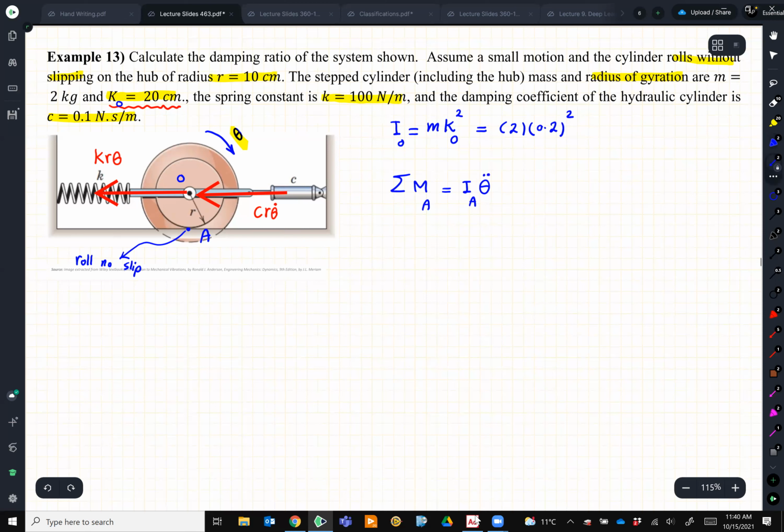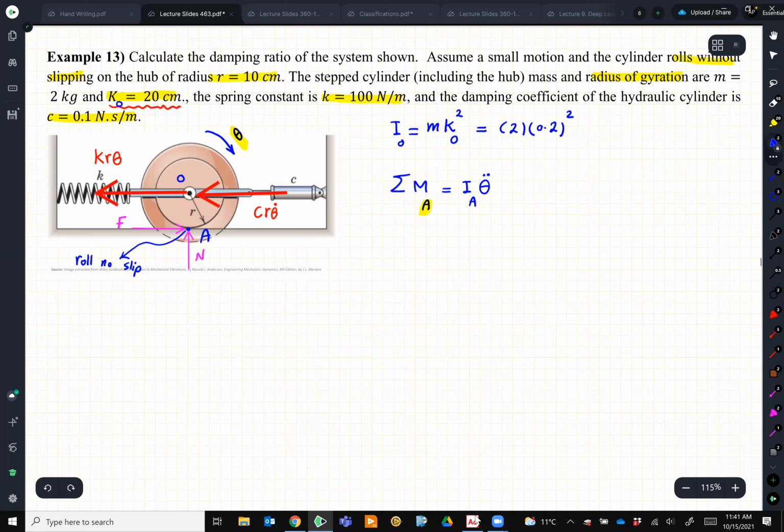At point A, the point of contact, there are two forces whose values we don't know. One, let's call it N, and the other one, let's call it F. We don't know the values for those. That's why we are taking moments about point A to get rid of them.